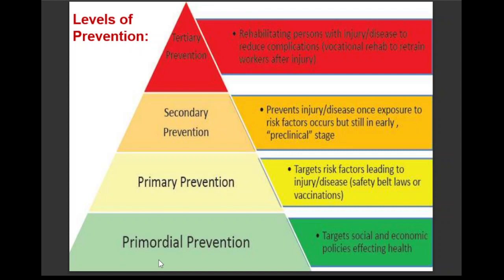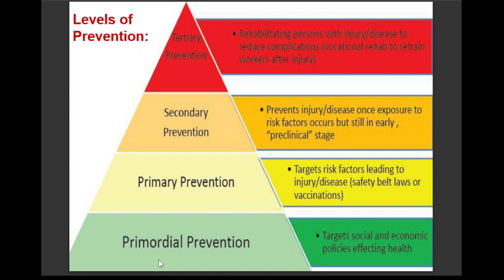Say for example, it is COVID-19. Wearing a face mask, washing your hands and all, we can consider these primary preventive measures. Secondary preventive measures prevent the particular disease or injury upon one's exposure to that risk factor. Say for example, you have been infected with COVID-19.